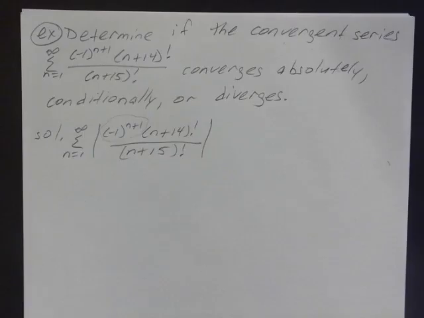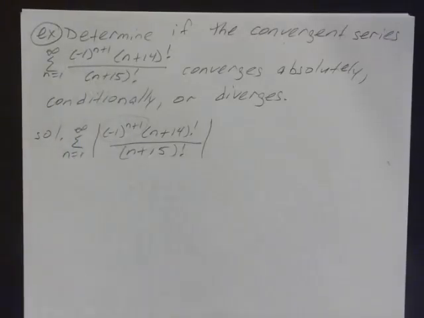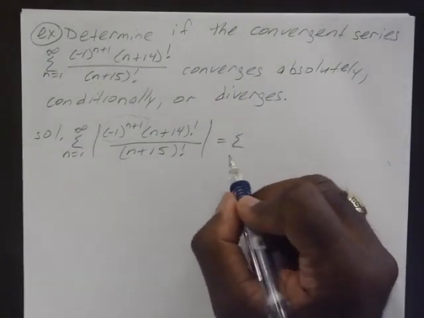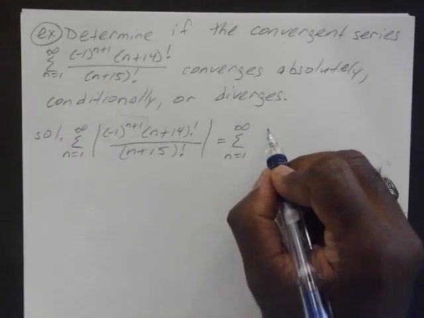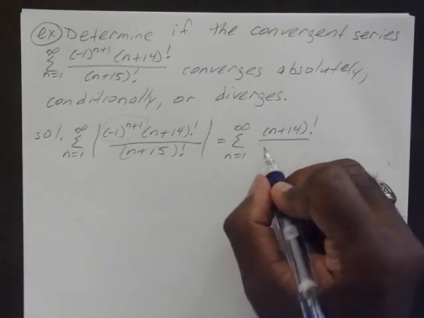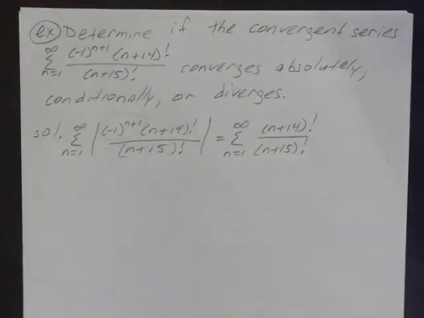Because it doesn't matter what it is, it's still going to be positive. So if you just drop that one, then it's the same thing. So that's the sum from n equals 1 to infinity of n plus 14 factorial divided by n plus 15 factorial.